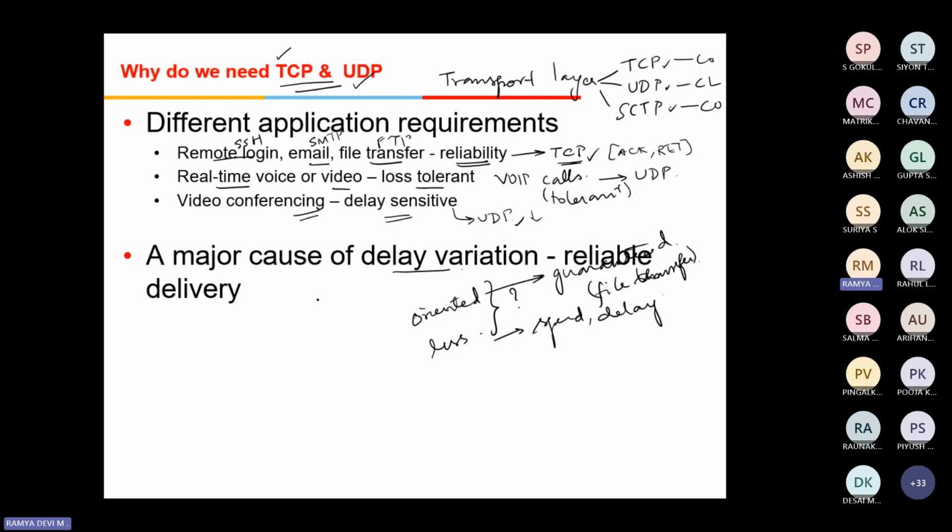So if I use it in real-time applications, it will be very harmful. That's the reason we'll be going for UDP. UDP avoids this by sending packets without waiting, and it ensures a smoother experience. So TCP is best for reliable, error-free communication, and UDP is best for fast, real-time communication.